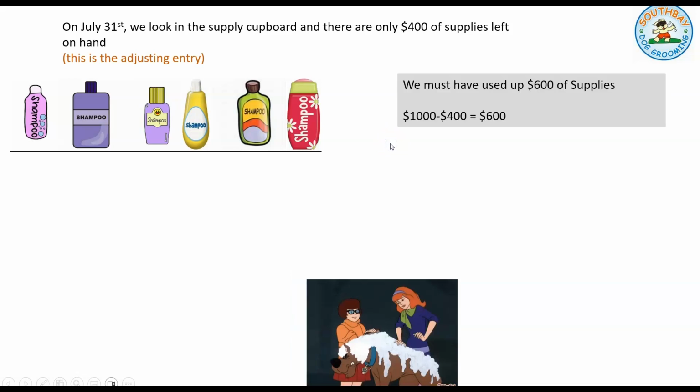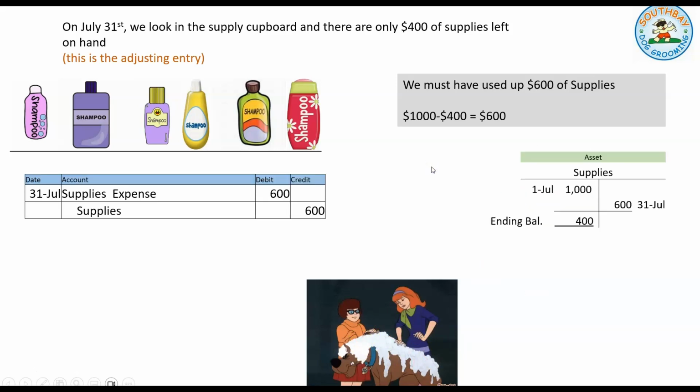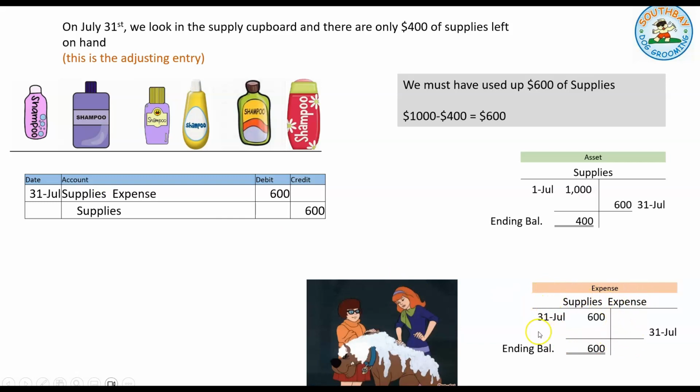There's also no supplies expense showing. And clearly, we've used up $600 worth of supplies, because if we had $1,000 and we only have $400 left over, well, we must have used up $600 scrubbing the dogs. And remember, an expense is always the amount that we've used up. So we're going to debit our supplies expense account to show that we've used up $600 worth of supplies during the month.